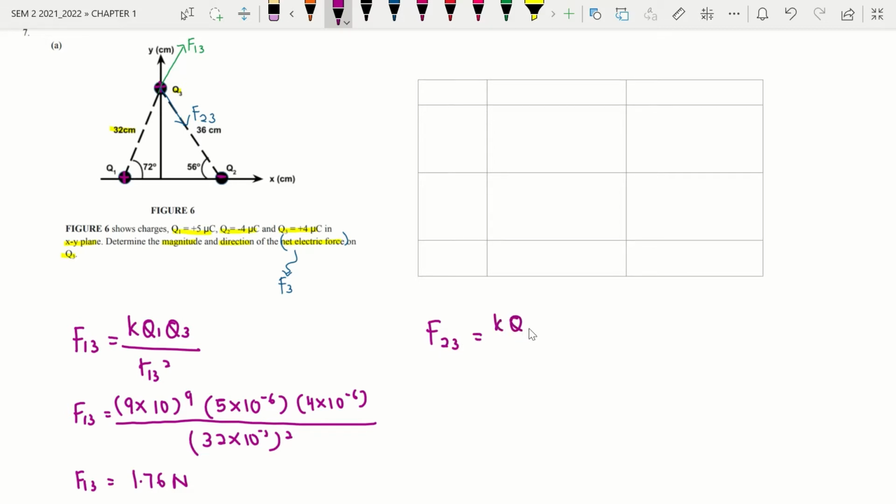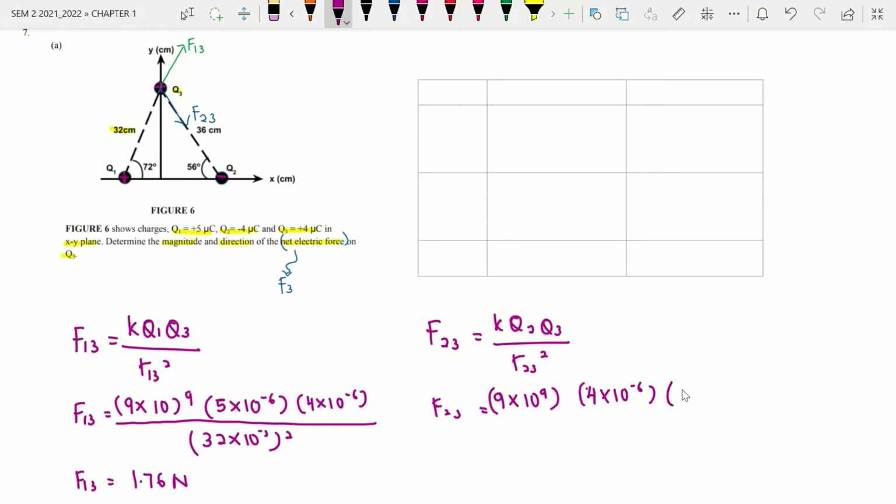So the formula is still the same. K charge 2 times charge 3 divided by distance between charge 2 and charge 3 squared. So as I told you, K is a coulomb constant and the value is fixed, which is 9 times 10 to the power of 9. And the charge 2 is 4 microcoulomb. We will not take the negative.